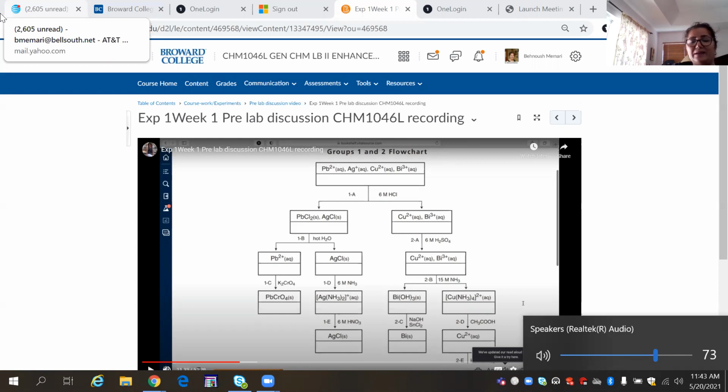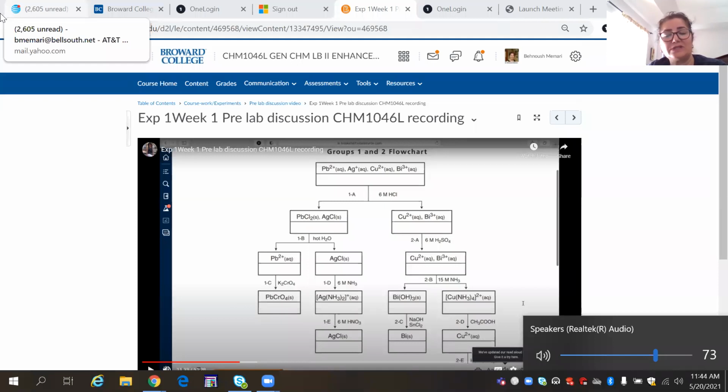And then by adding the HCl, I don't want you to repeat the whole procedure. That's what I'm saying. You can say by dissolving the AgCl in ammonia, since the precipitate of the AgCl dissolved in ammonia, and by adding nitric acid, white precipitate formed again, which indicated presence of silver ion.